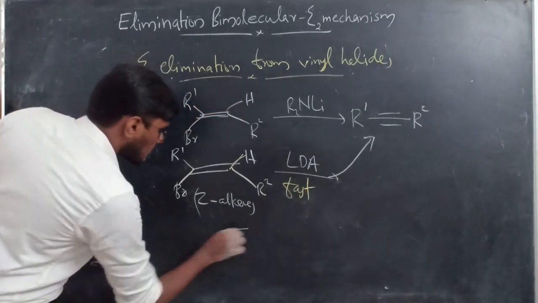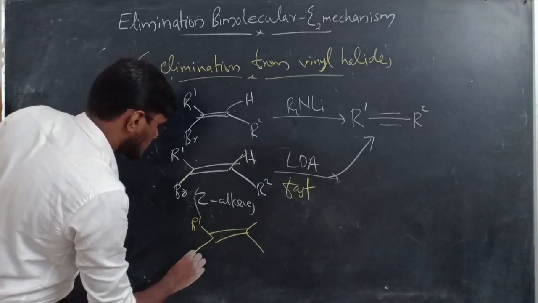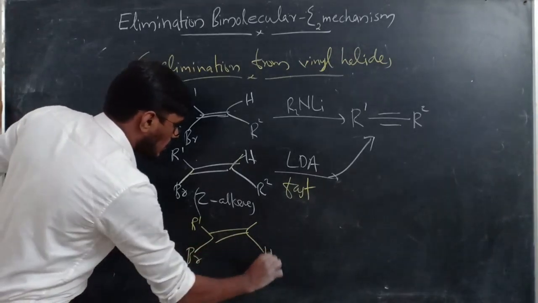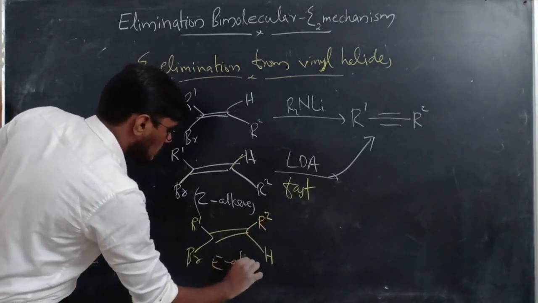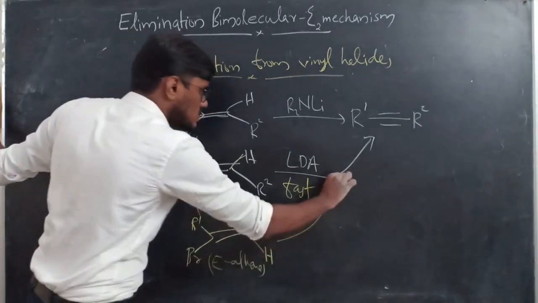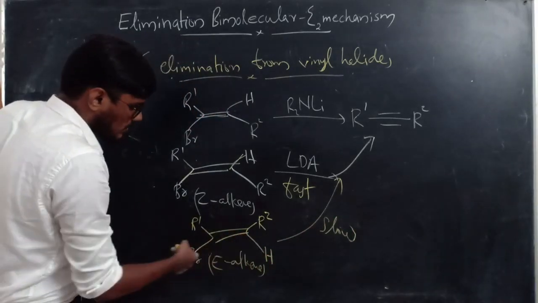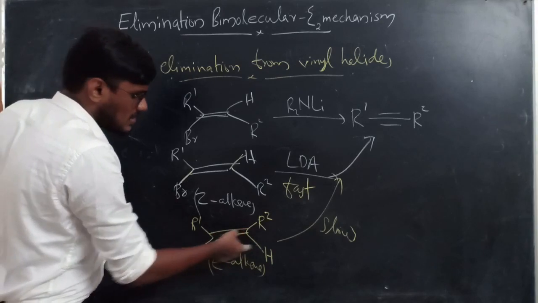And similarly, if it is like this, R', Br and H, R2, this is the E alkene, the E form, and it also gives this product, but it's a slow reaction because the eliminating groups are cis to each other, they are syn to each other.